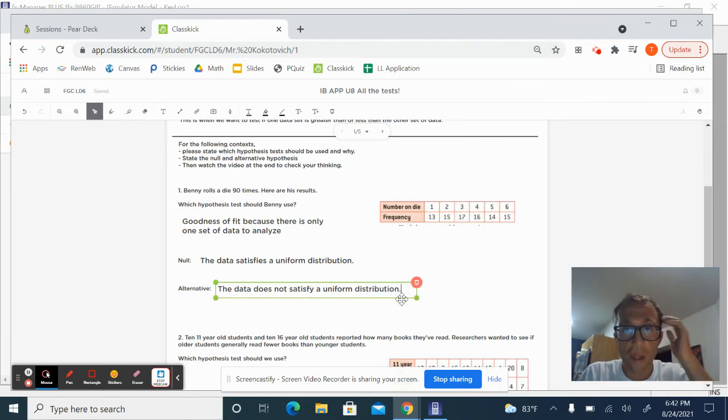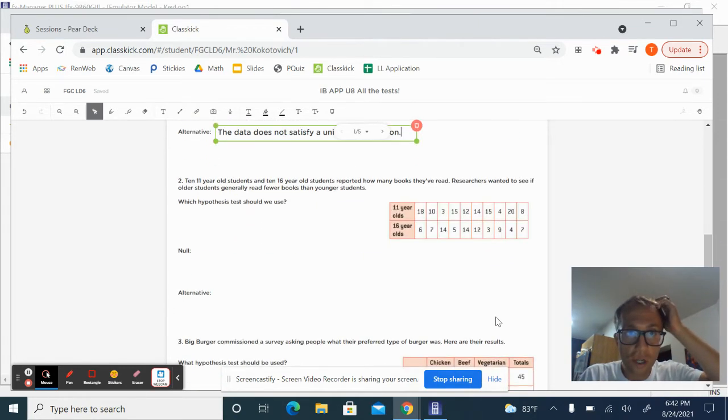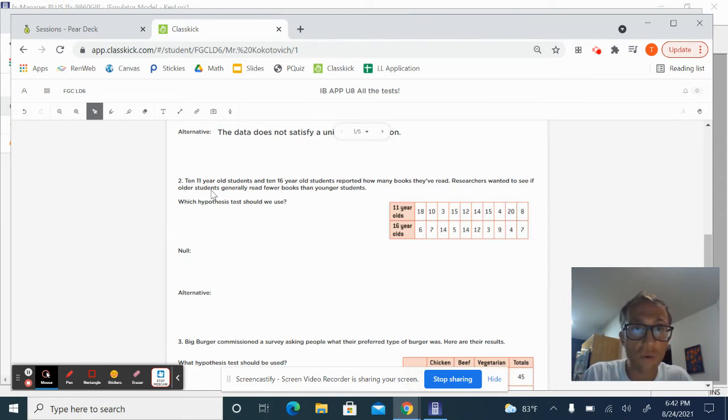Excellent. Then question 2, 10 11-year-old students and 10 16-year-old students reported how many books they've read. Researchers wanted to see if older students generally read fewer books than younger students right here. It looks like we have two sets of data that are measuring the same thing here.